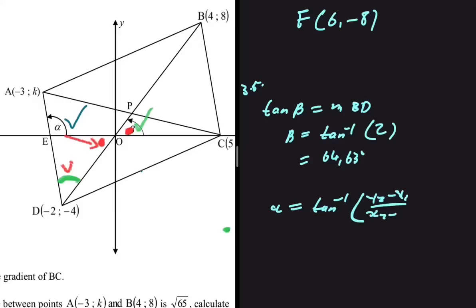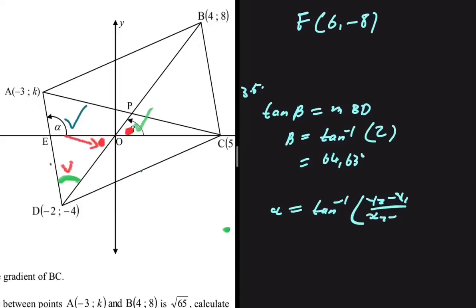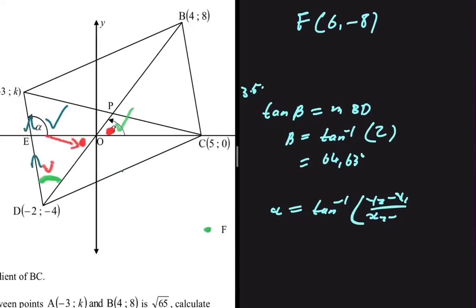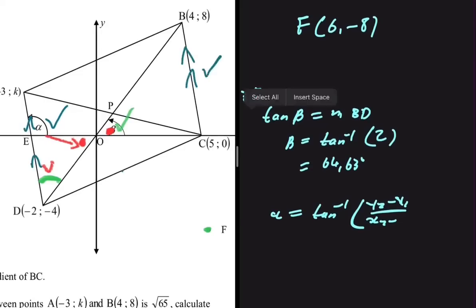I already have the gradient of that line, because this line is supposed to be parallel to this line because our shape is a rhombus, right? So we said that the gradient of this line is -8. So we're going to go ahead and substitute that, so we have -8.